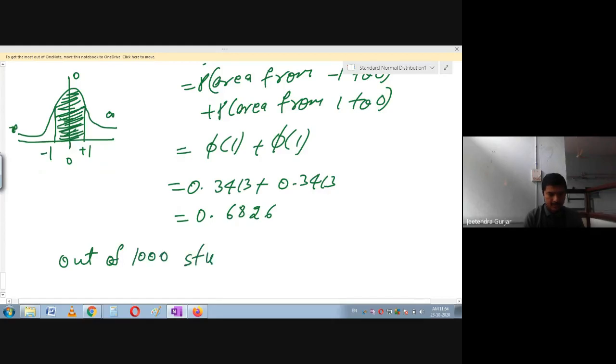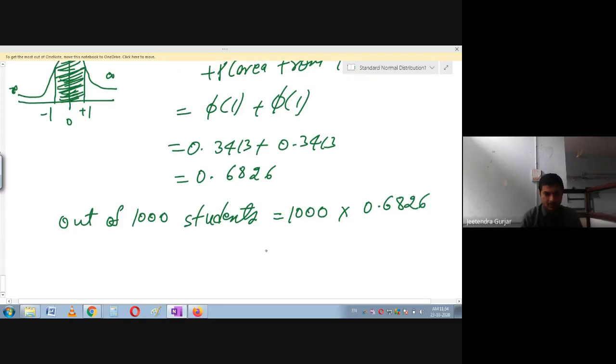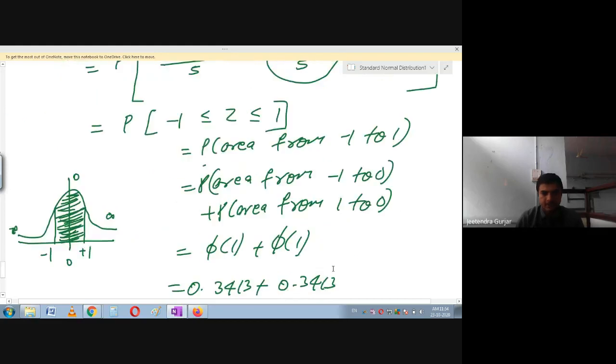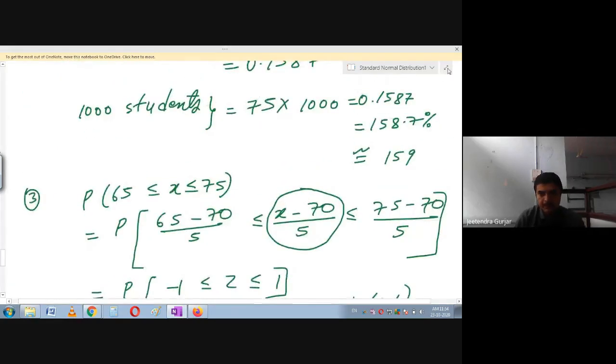Actually you should calculate this out of 1000, students. Meaning you are going to calculate for 1000. Just multiply this 0.6826. Just make the correction. So this is equal to 682.6. If you round figure it, you are going to get 683. So please make the correction here also.